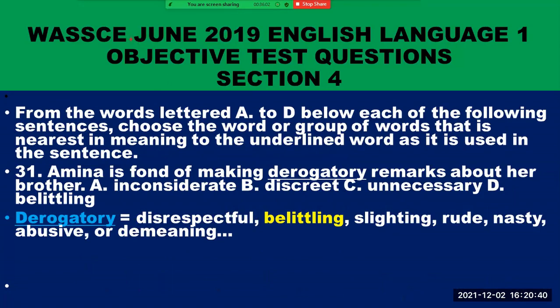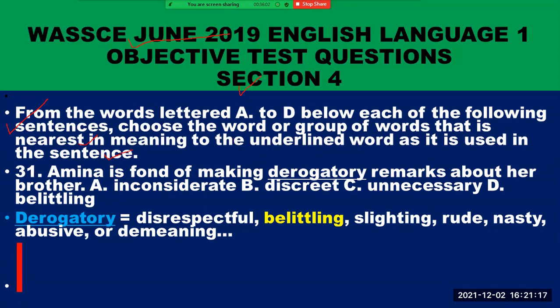Now take note that this is WASSCE June 2019. This is section 4. Now the instruction is the same. The topic is the same. From the words lettered A to D, below each of the following sentences, choose the word or group of words that is nearest in meaning to the underlined word as it is used in the sentence. Now, nearest in meaning, as it is used in the sentence. The same topic. And what did we say is the topic here?